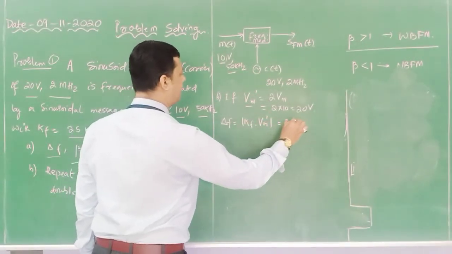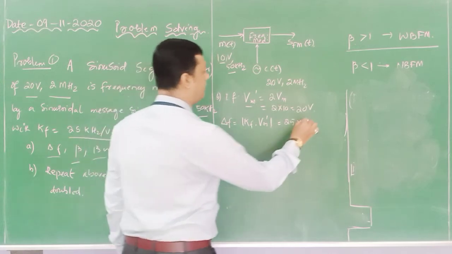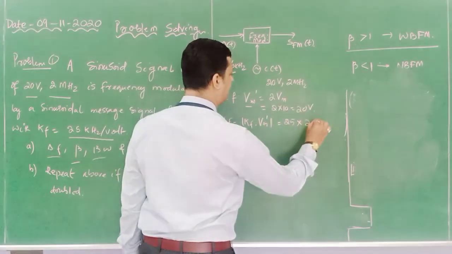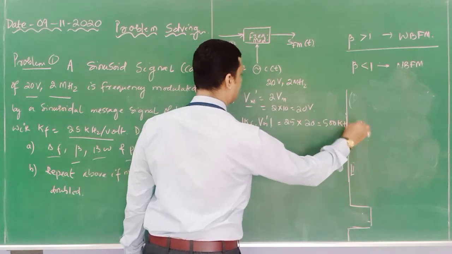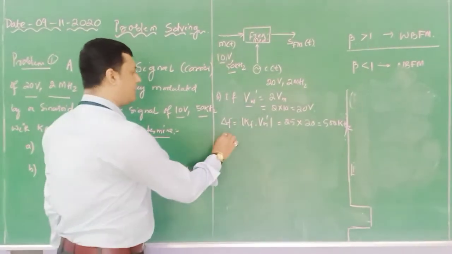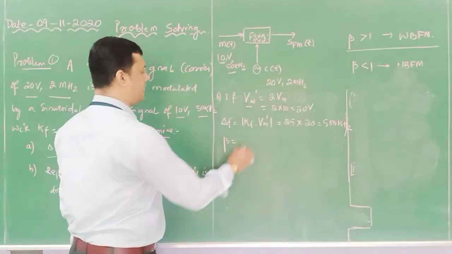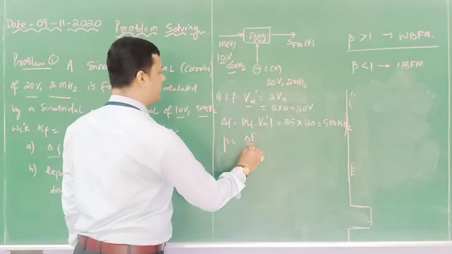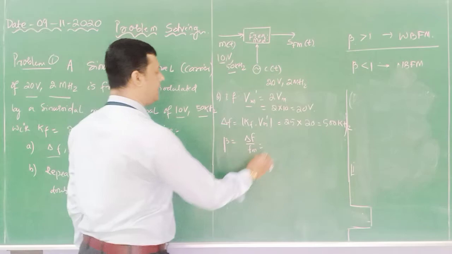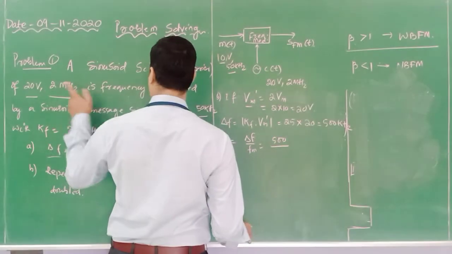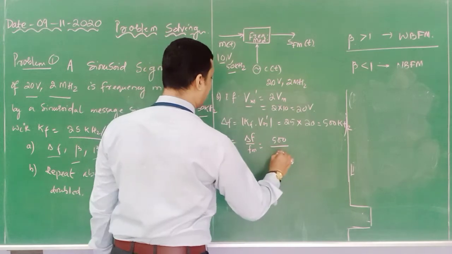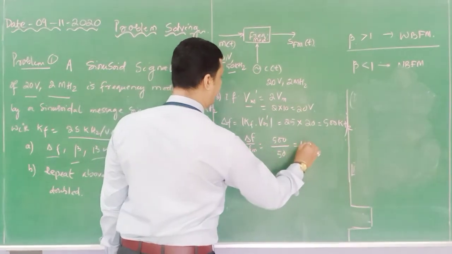So kf is 25 into Vm dash is 20, you will get 500 kilohertz. Then find out the modulation index, so del f divided by fm. Del f is 500 divided by fm, fm is 50. So again it is 10.